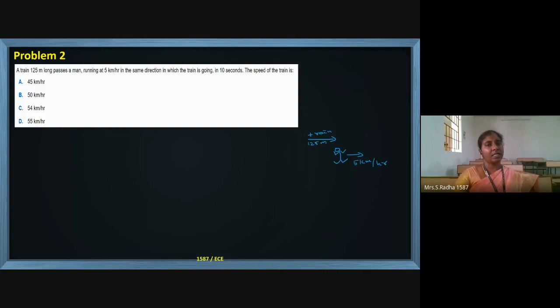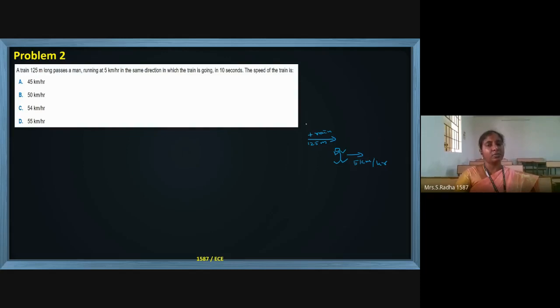Next, the train length is 125 meter. Train is passing a man, and the man is running with a speed of 5 kilometer per hour. The train is crossing the man in 10 seconds.